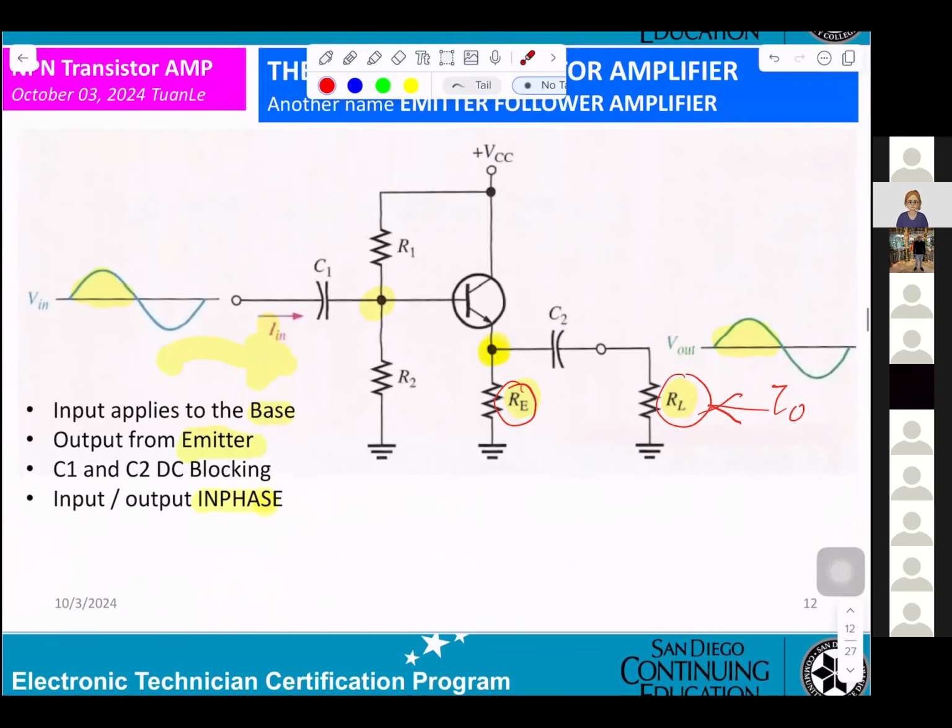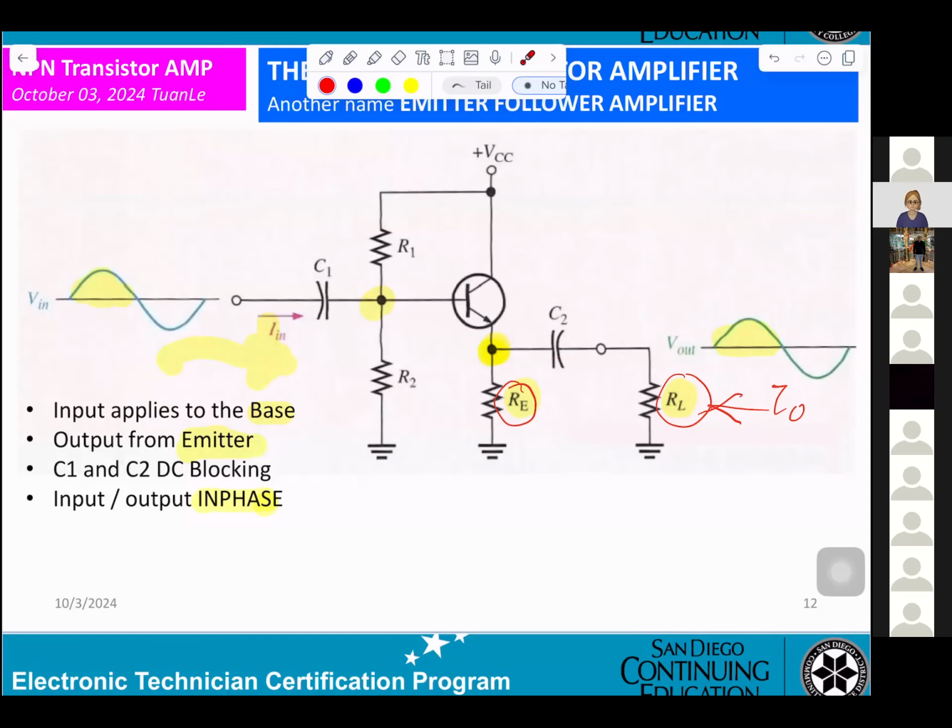And this is the circuitry for common collector. Input applied to the base. Output will be from the emitter. Input applied to the base, output from emitter.